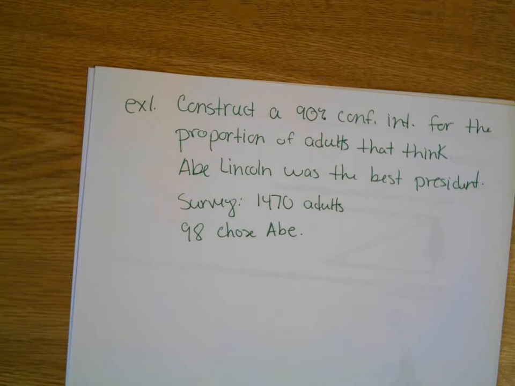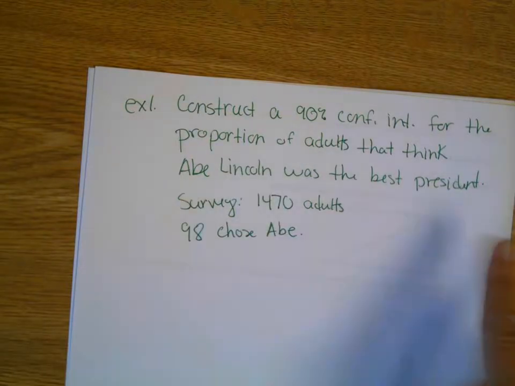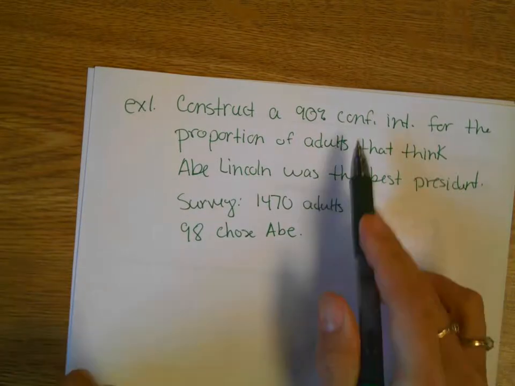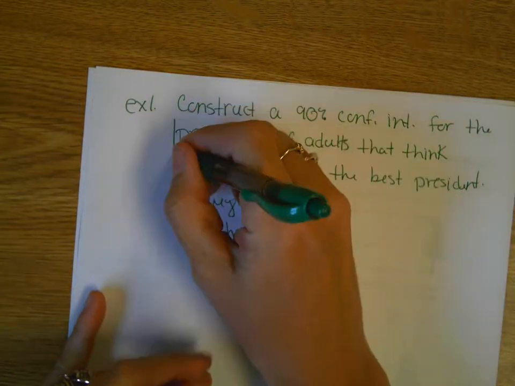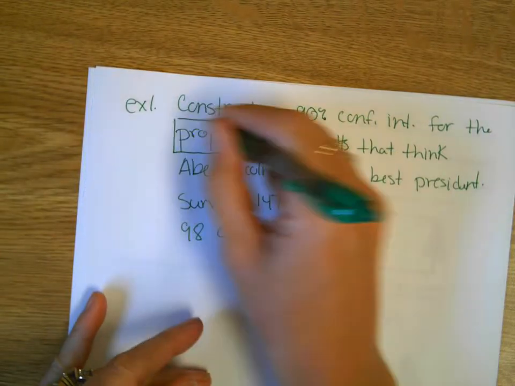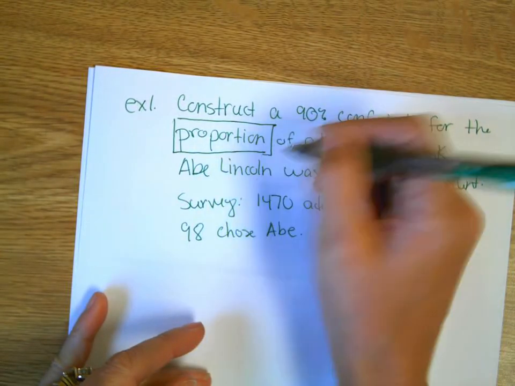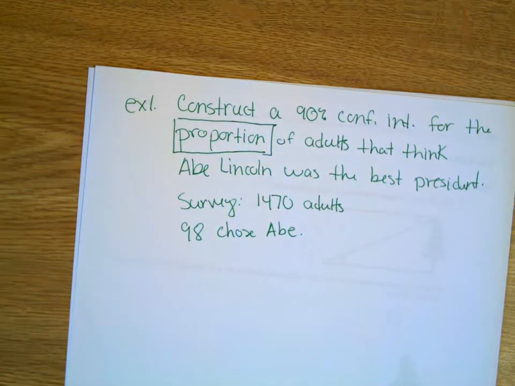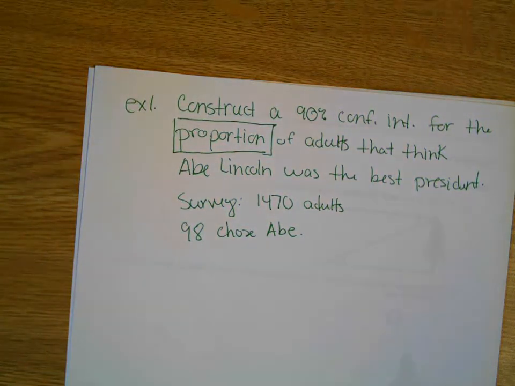So my first question is, what word in this whole given information is telling you to go to this section of your note card? Proportion. You're finding the confidence interval for the proportion. Doesn't say mean this time. Every problem we've done up till today said find the population mean, but now we're doing population proportion.